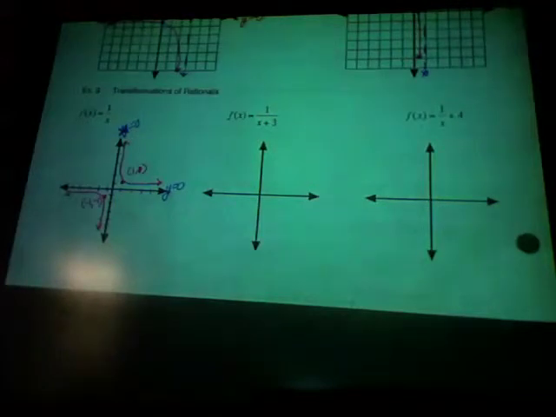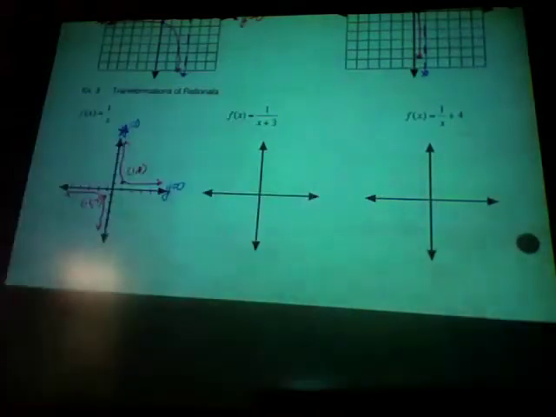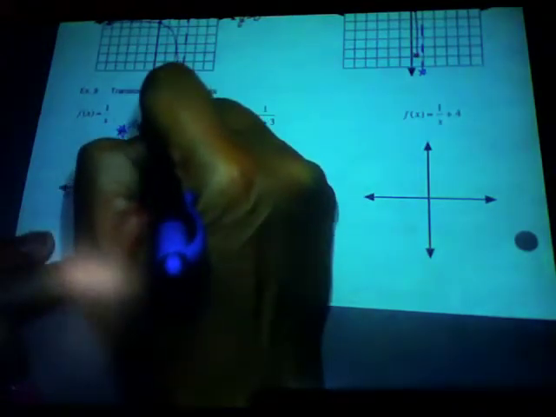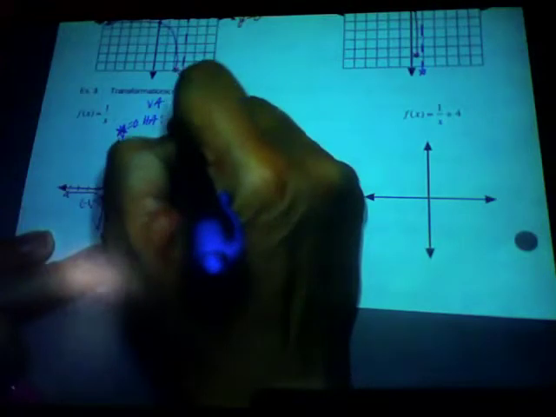What does it do to our vertical asymptote? What can x not be? How does this affect our vertical asymptote? All right, so let's write over here, vertical asymptote, VA, was x equals 0. Horizontal asymptote was y equals 0.